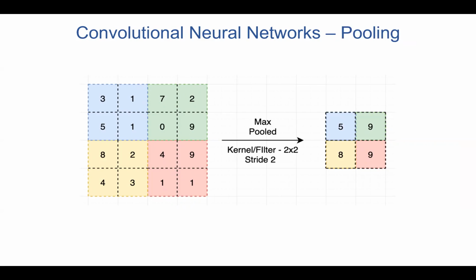Right after the convolution and rectifier linear unit operation, we take the image and we simply run again a small, not filter, like a small size, and we find either the maximum value of that region or the minimum value of that region or the average.